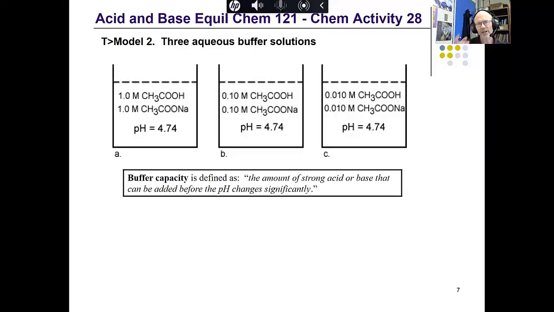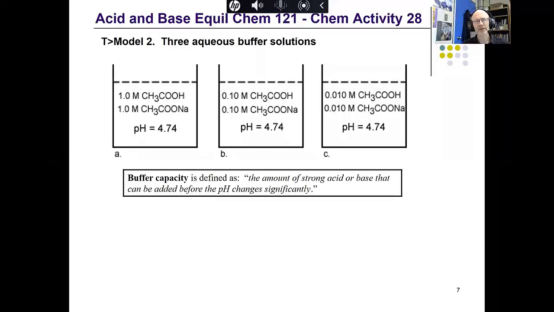Remember that part of the definition of a buffer is a solution that can resist the change in pH upon the addition of strong acid, strong base. So which of these buffer systems do you think would be a better buffer?